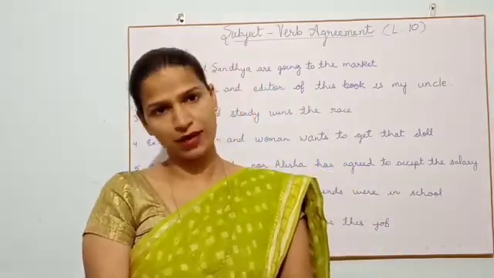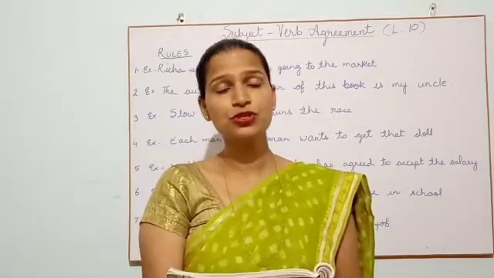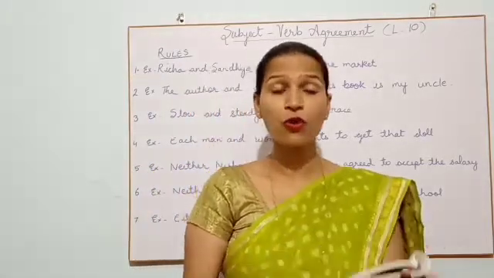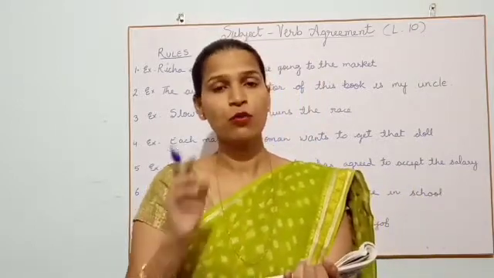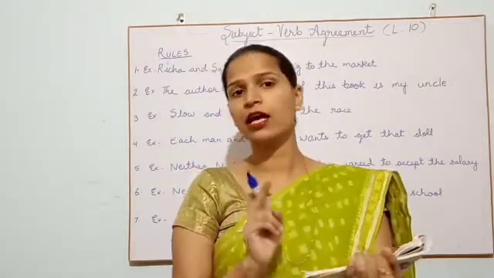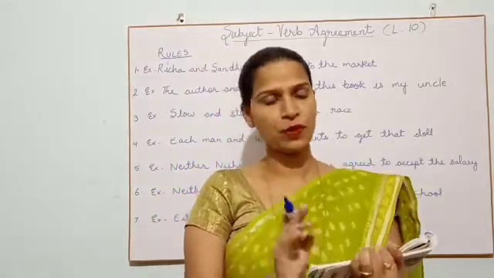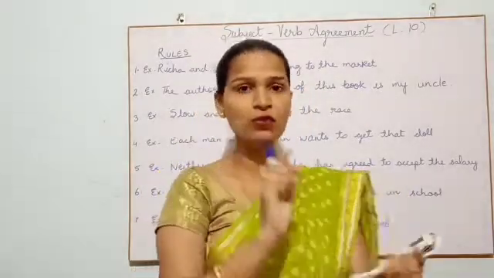Rule number 1. We will see our book. When two or more singular nouns are joined with what? With and, they take a plural verb. Once again, when two or more nouns are joined.